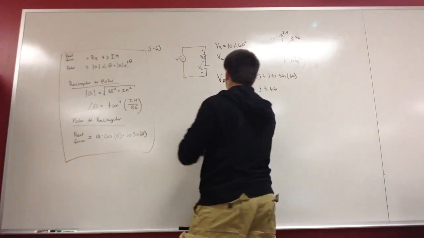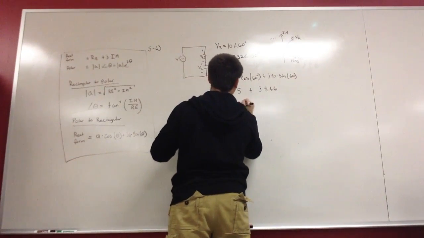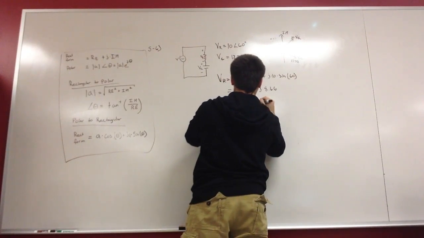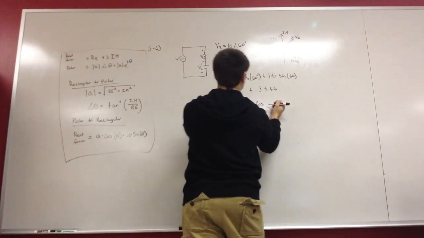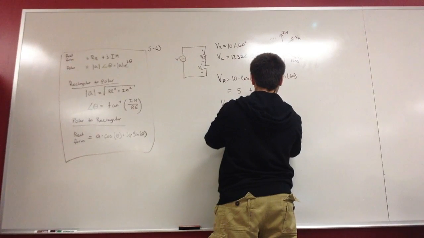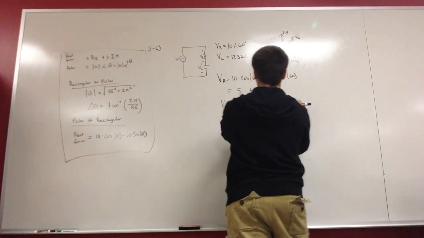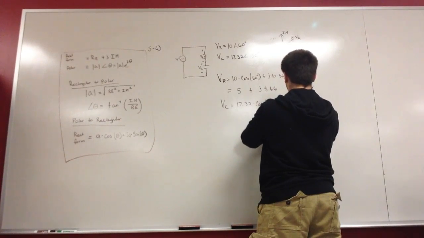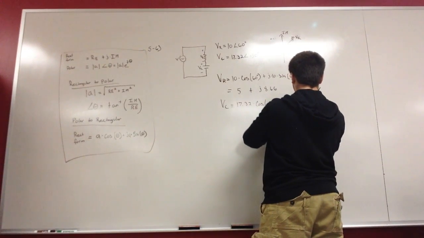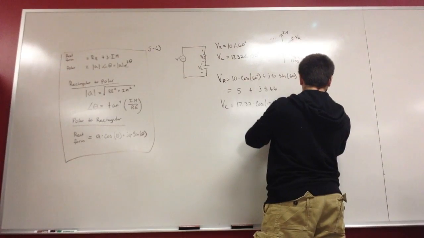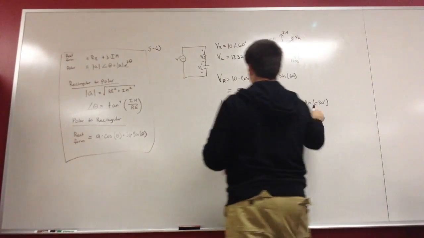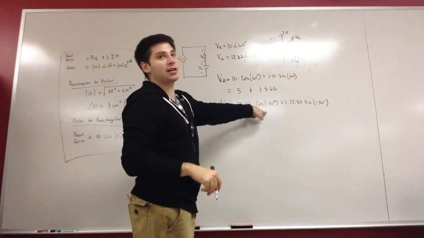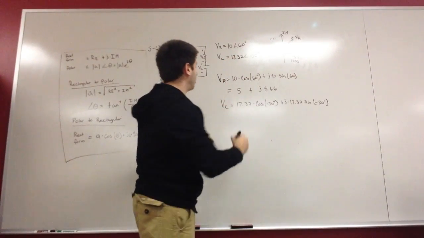We'll do the same thing to find the component V sub C. We have it set up like this, our magnitude times the cosine of our angle to get the real component.